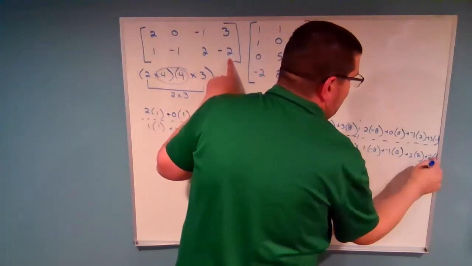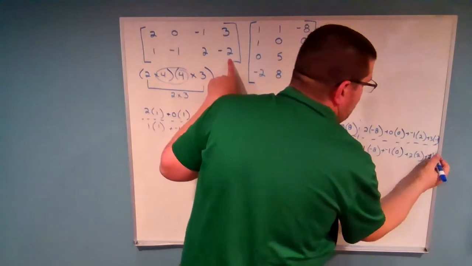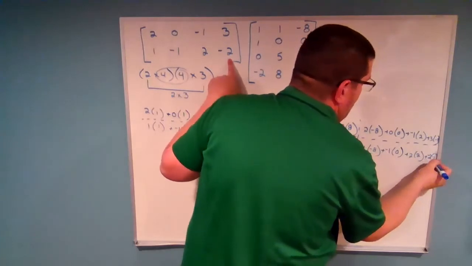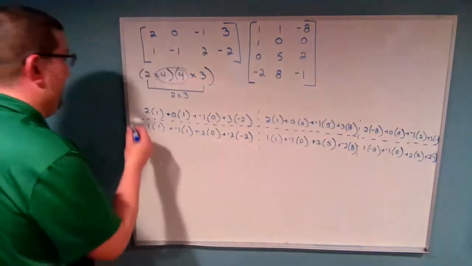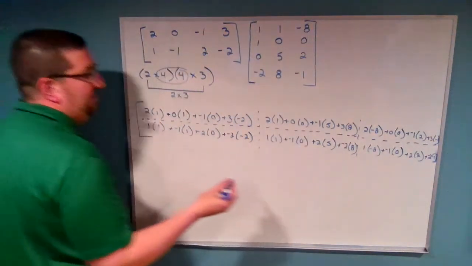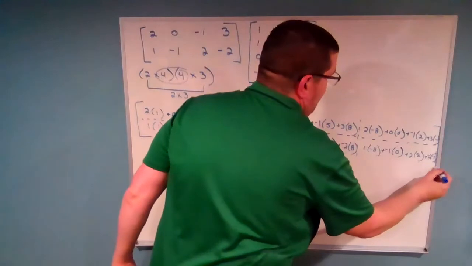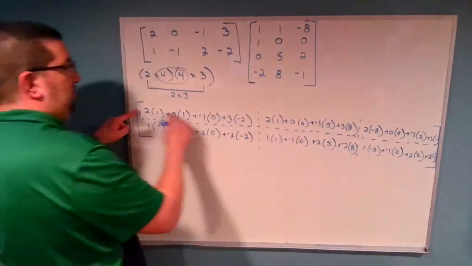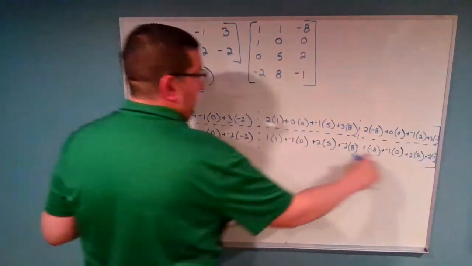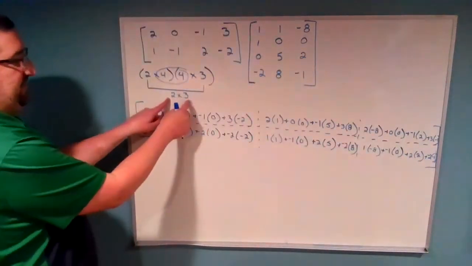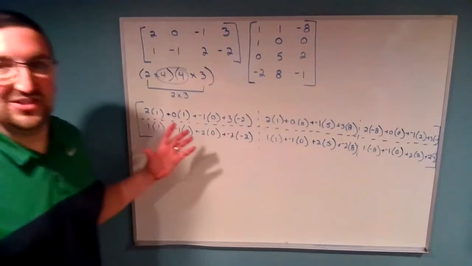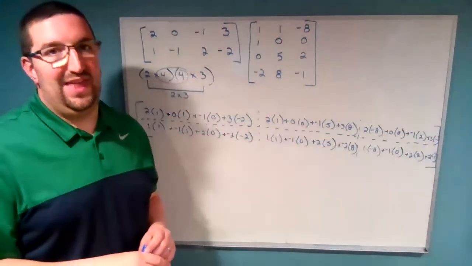Oh no. All right, so in all of this I have my 2 rows and 3 columns of my resulting matrix. What I have to do is simplify that together.